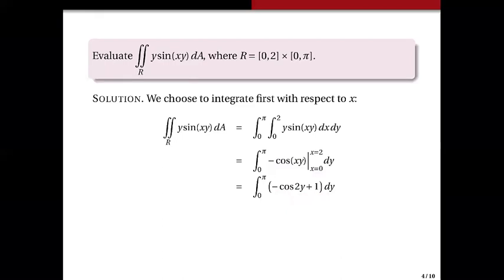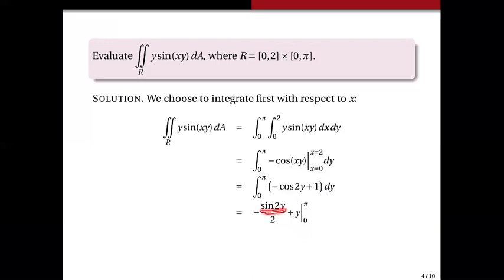Then we integrate this with respect to y over the interval 0 to pi. We end up with negative sine 2y over 2, plus y, and then we evaluate from 0 to pi.